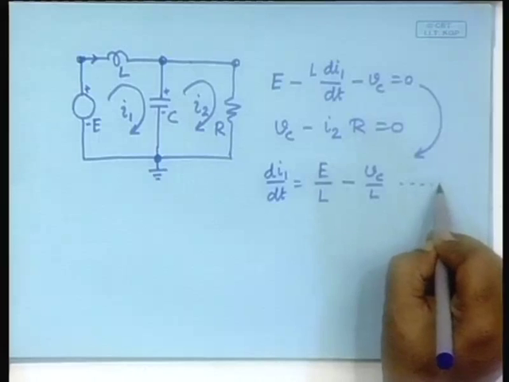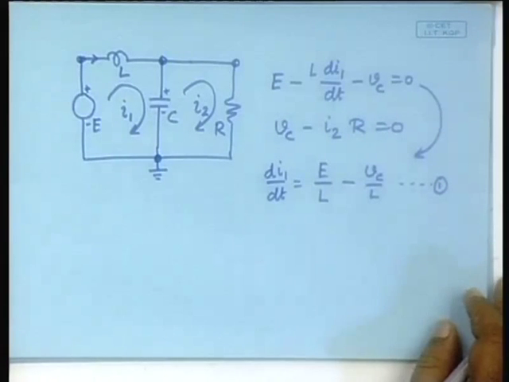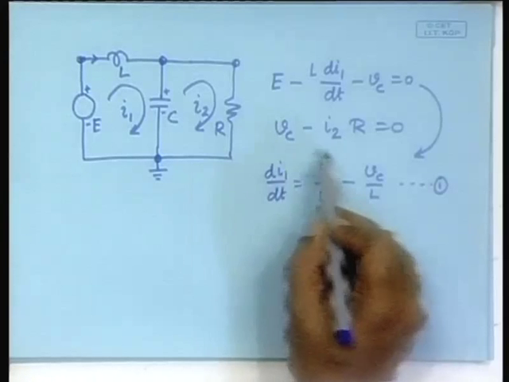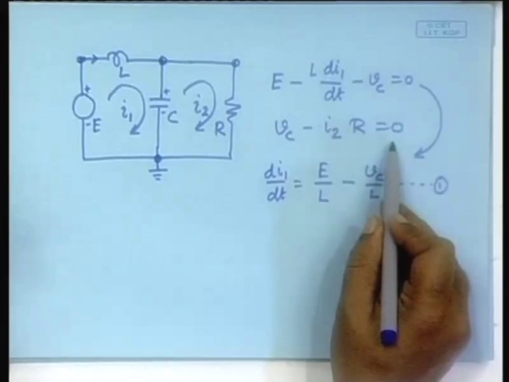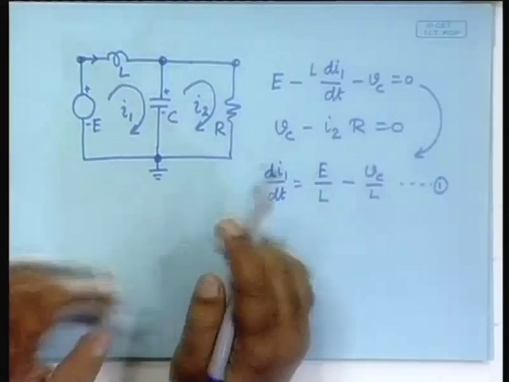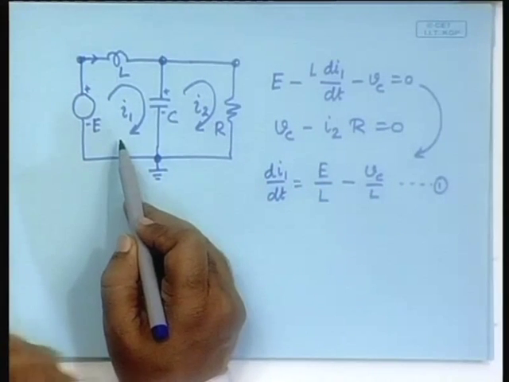So, that is the first equation, no problem, done. But then the second equation is not a differential equation. Therefore, we have made no headway in obtaining the complete state differential equation using the mesh current method.